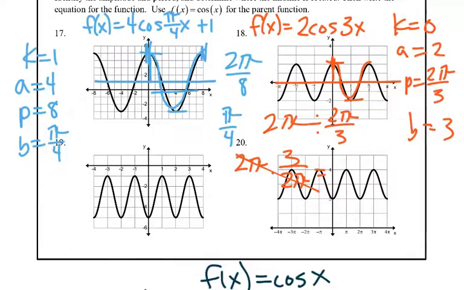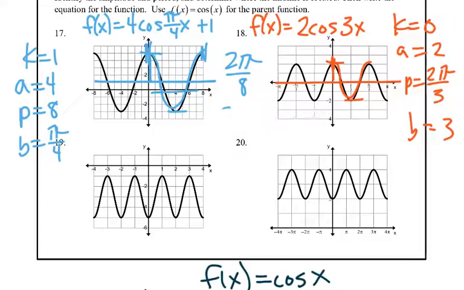Okay. Clear some space for ourselves. Okay, 19 and 20. So 19, high and low, so middle's right here at -3, k equals -3. My amplitude is 2.